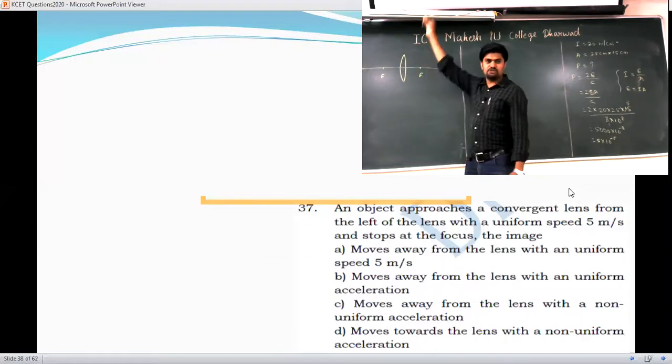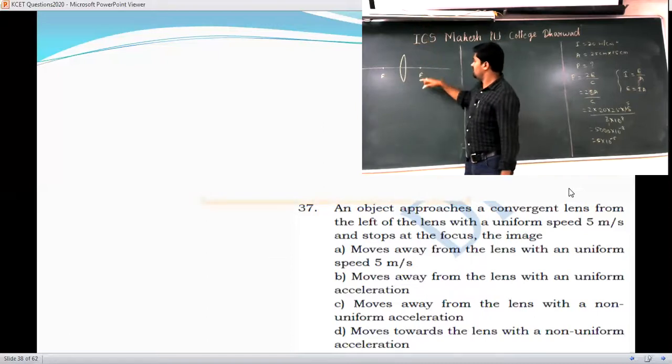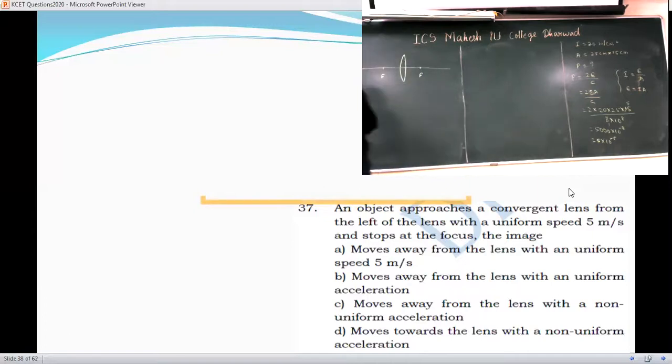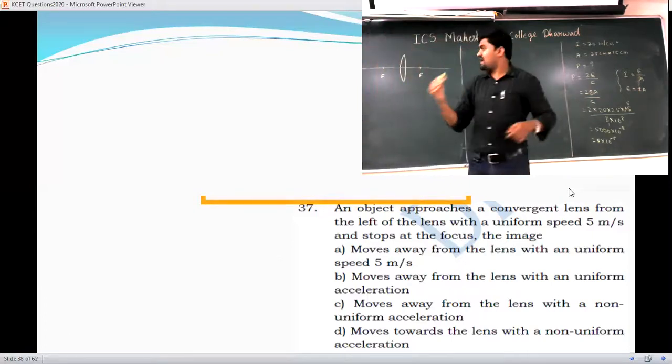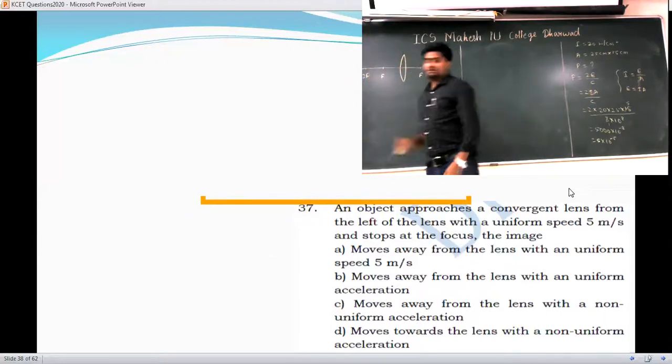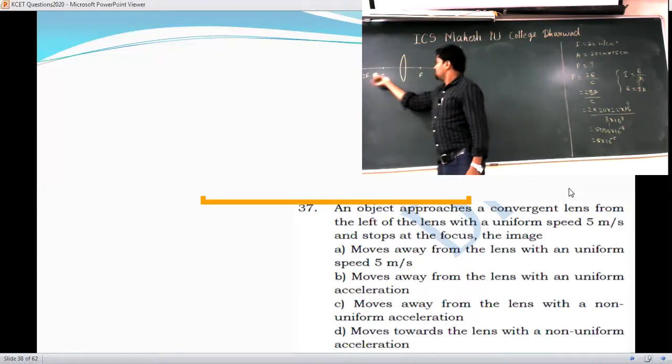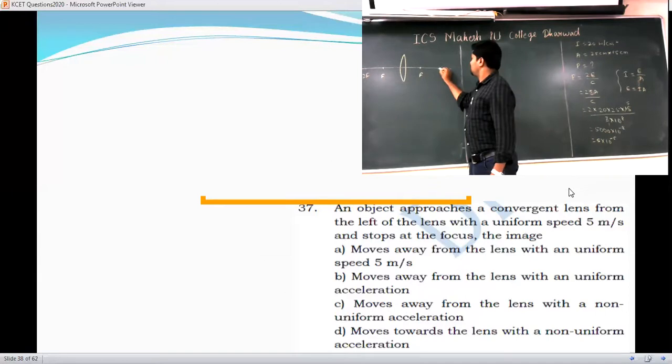Suppose the object is coming nearer and nearer, and it reaches the point 2F. Then the image will shift to 2F.